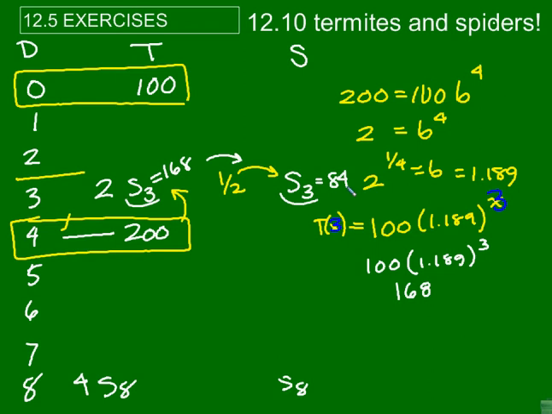Now, we also know that 8 days after moving in, there are 4 times as many termites as spiders. Okay, so if there are 4 times as many termites as spiders, then I should be able to get my S0 and my spider function.